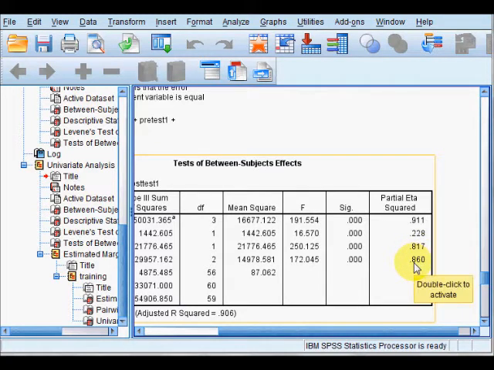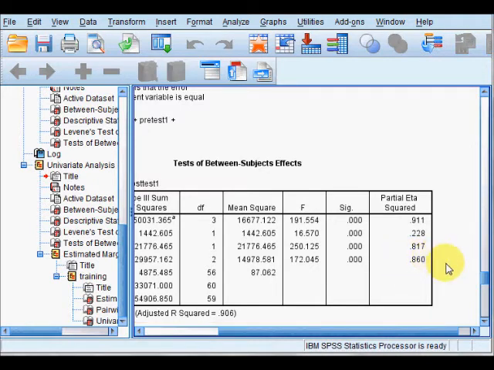Now when we ran the one-way analysis of variance before, without having the covariate in, the partial eta squared for type of training was 0.515, so it was accounting for 52% of the variance. Now it's 86%. So in other words, once we take into account the pre-test score and factor that out of our analysis, we now find that actually the impact of training is much bigger than we originally would have thought had we just done a simple one-way analysis of variance.